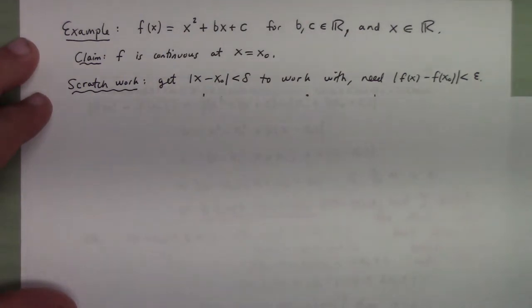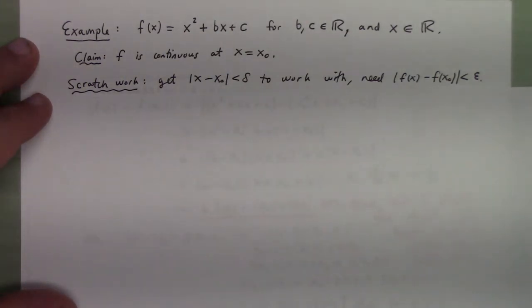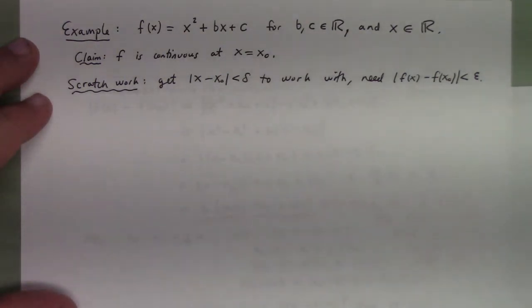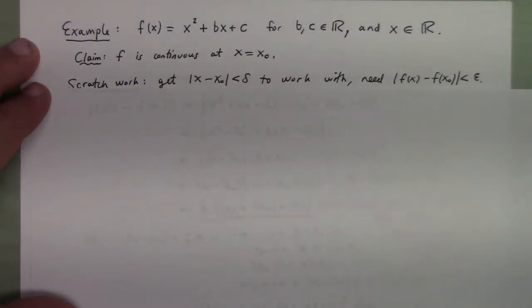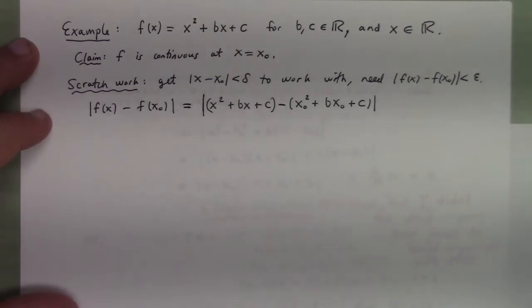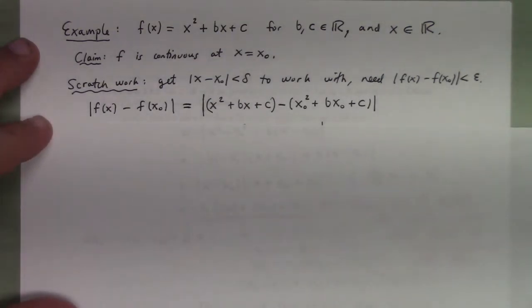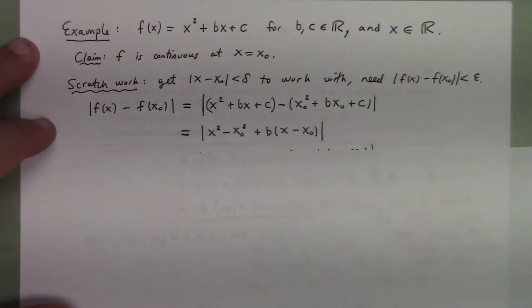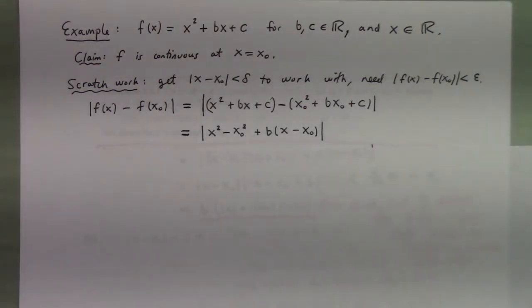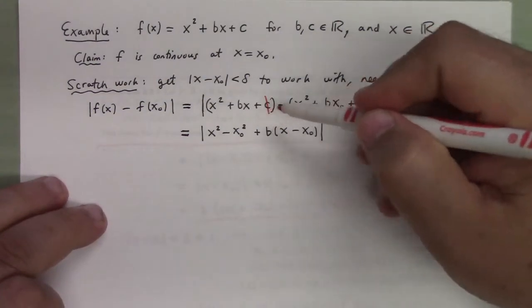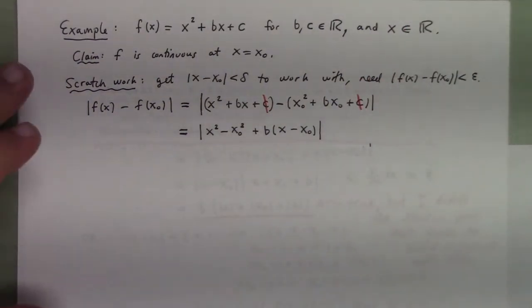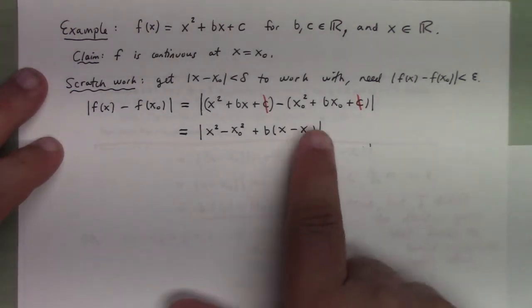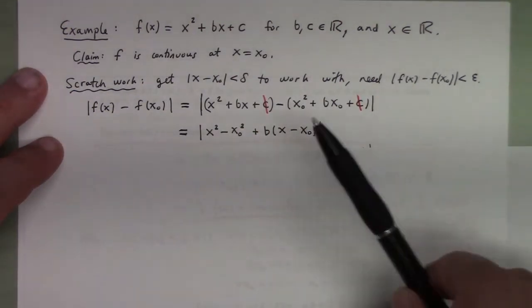Anyway, so here's the scratch work. So we get to control |x - x naught| being less than delta. Whatever our choice of delta is, we need it to force |f(x) - f(x naught)| to be less than epsilon, right? So what we're facing then, when you work it out, is this minus that, which works out to this. Of course, the c's cancel, right? Then you can group the stuff with b together like that.